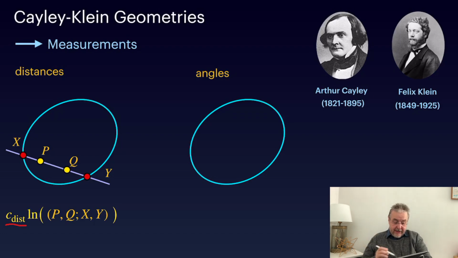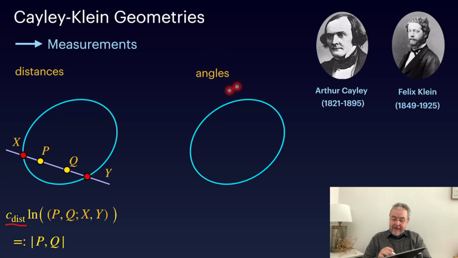So once again, you want to calculate the distance between 2 points, P and Q. You draw their connecting line, you intersect it with the conic, and you get those 4 points. You calculate the cross ratio, take the logarithm of that, multiply it by some constants, and what you get, call it distance. So take this as a definition, and we will see in a moment that it makes sense.